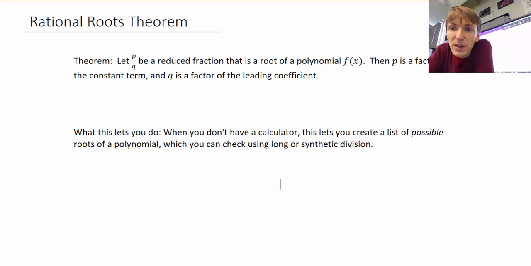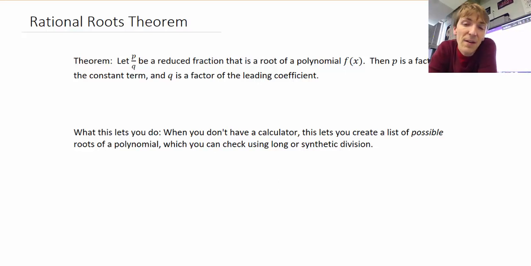Okay, so the last thing we're going to talk about is the rational roots theorem. So when do you use the rational roots theorem? You use this when you need to come up with a guess for a root. Remember that in previous problems, I've either given you the root to a cubic, or I've let you use your calculator to guess what a root is, right?